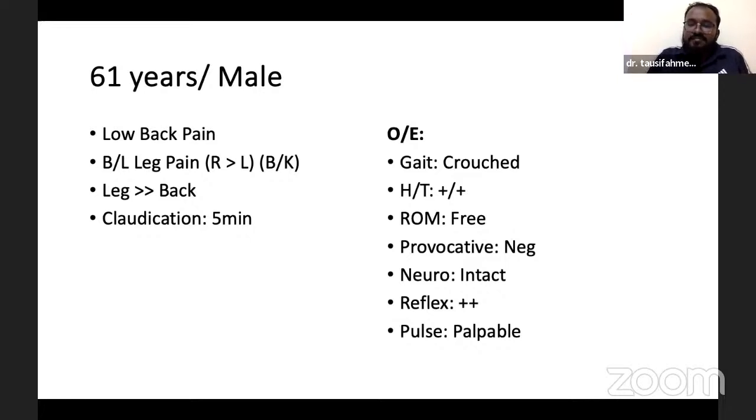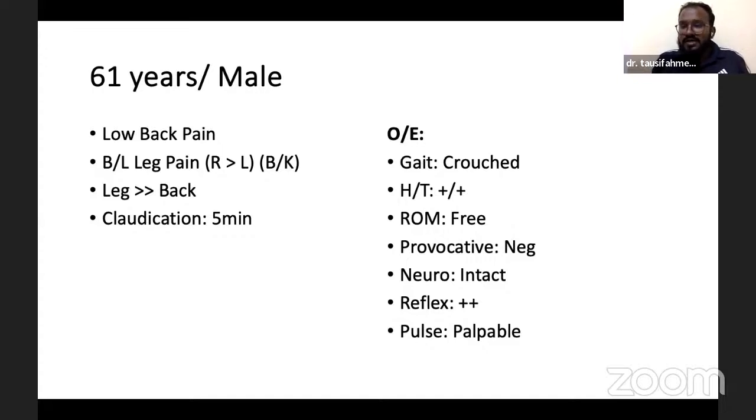When I examined him, his gait is crouched. The back range of movement is free. Provocative tests are negative. On neurological examination, there are no motor sensory deficits. Reflexes are normal, and bilateral lower limb pulses are palpable.